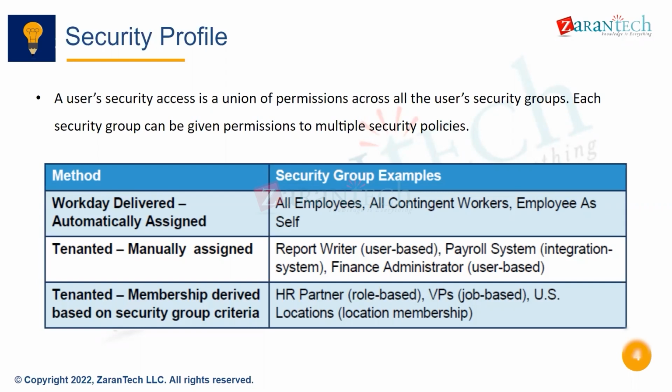Whenever any employee is hired on a particular role, these security groups will be automatically assigned based on the membership criteria that is defined in the security group. Got it? So these are the different methods in the Workday tenant: which are automatically assigned, which are manually assigned, and the role-based ones, where based on your particular role, the defined security group will be assigned to the employees.